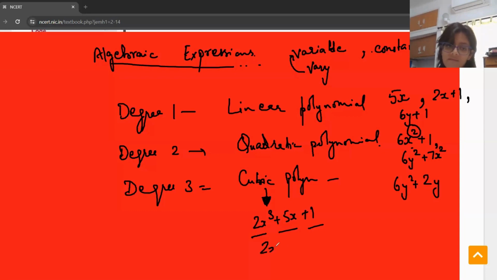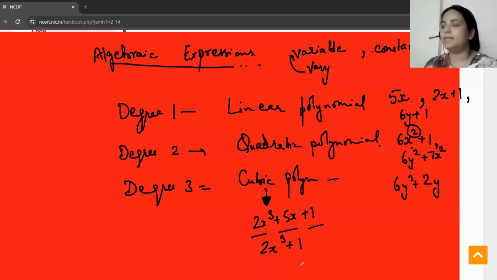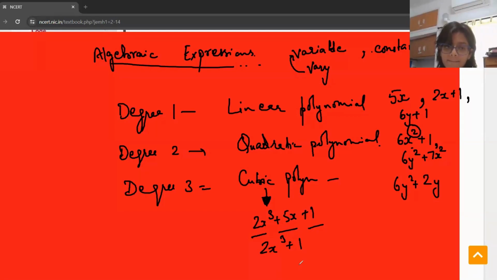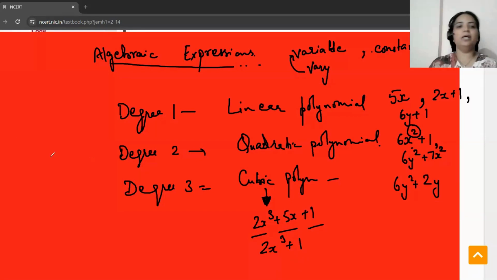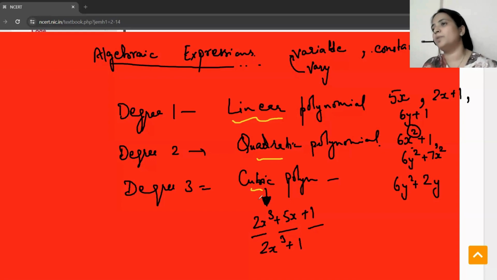So if I write 2x cube plus 1, is this still a cubic polynomial? Yes, ma'am. Exactly, because the highest power decides what type of polynomial, linear, quadratic, or cubic, it is. With the number of terms, what would be decided then? Is it a monomial, binomial, or a trinomial?